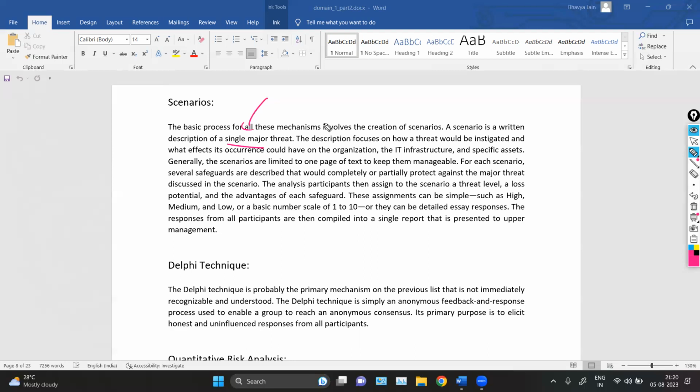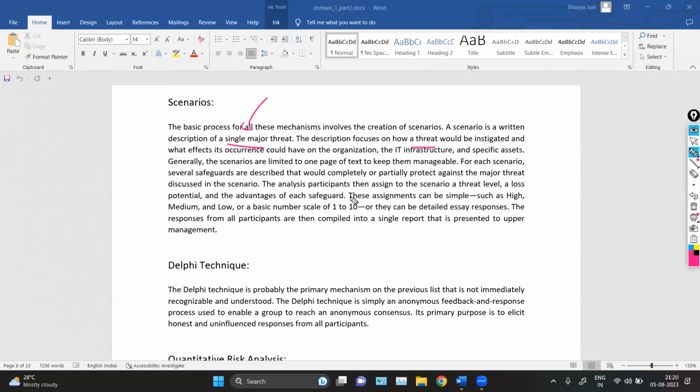Then we can rate the scenario and the performance of the employees, and if there is a need for training the employees, we will provide the training. You are focusing on the threats, the risk, and everything that is required for qualitative risk analysis.